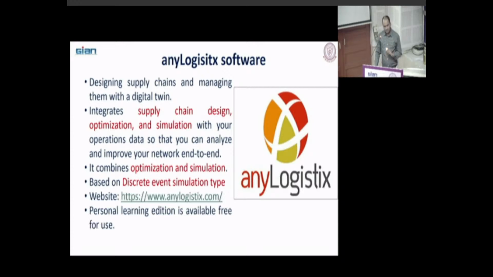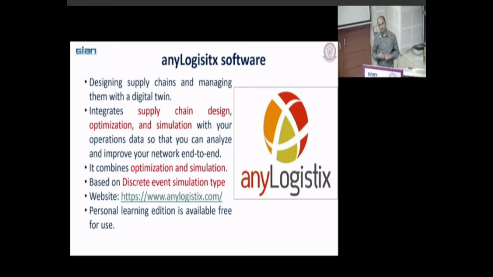The website is here, and the good thing is that the Personal Learning Edition is free to use. As a student, you can download the Personal Learning Edition. There are some constraints on it: you cannot model complex problems there. You can go to a maximum of 3 suppliers, 8 or 10 DCs and factories, and 100 customers.